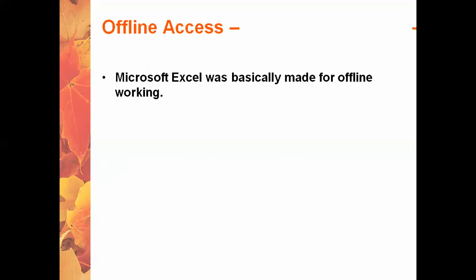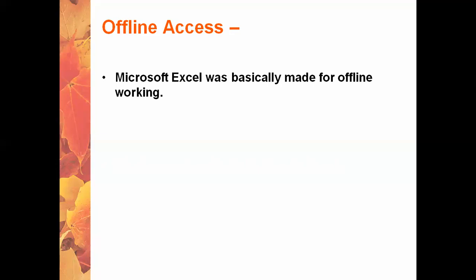Offline access. Microsoft Excel was basically made for offline working. You can install Microsoft Excel on your computer, on your laptop, at your home, at your office, and it will be available on that computer or laptop.